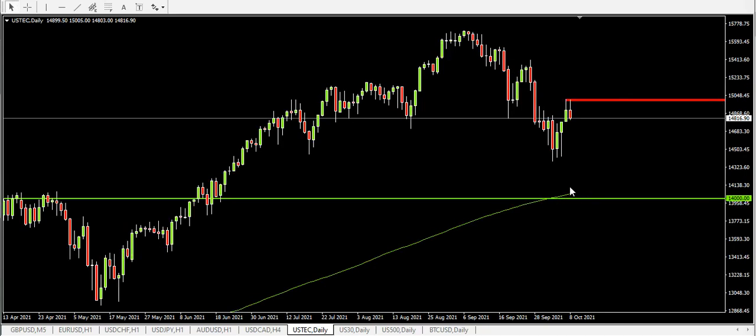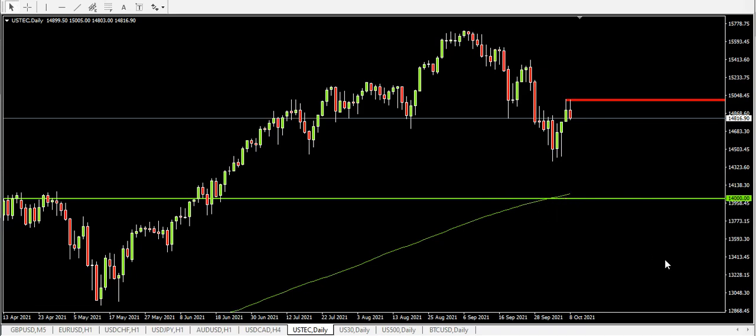I'm getting a little bit technical here, guys, but I think some people will find this useful. I believe the Nasdaq could potentially make its way down to the 14,000 level, because this line is also a 200-day moving average.